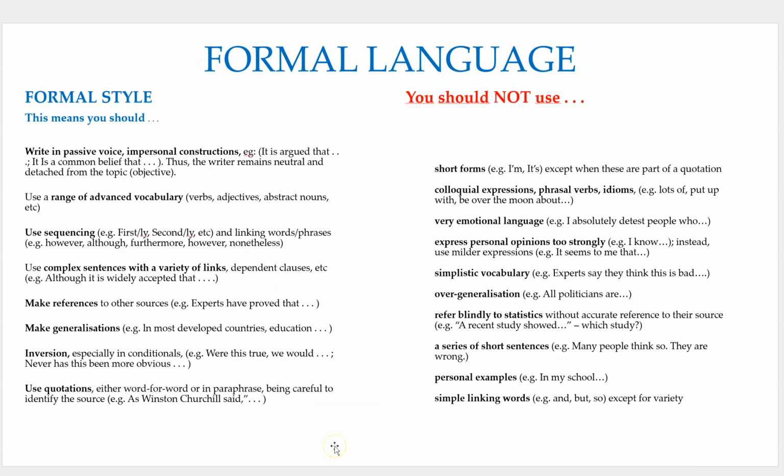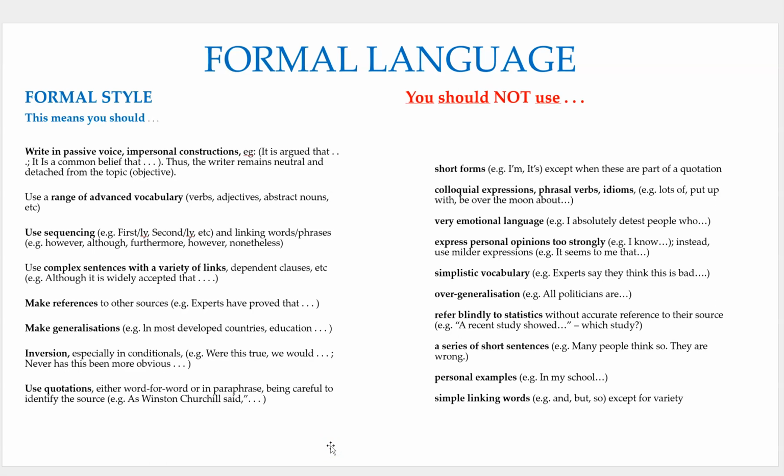Here we have formal language. Beware so that you use linking words. You can look at this one a little bit more, but use quotations. If possible, use impersonal constructions: it is argued, clearly, it's common belief that. So keep detached from the topic. Use an advanced vocabulary.